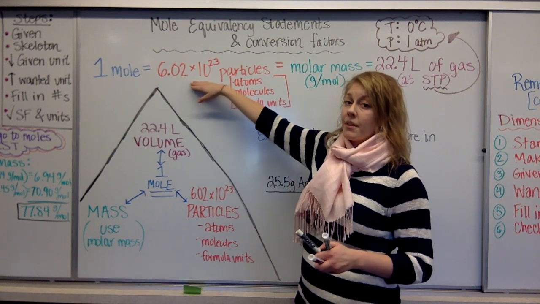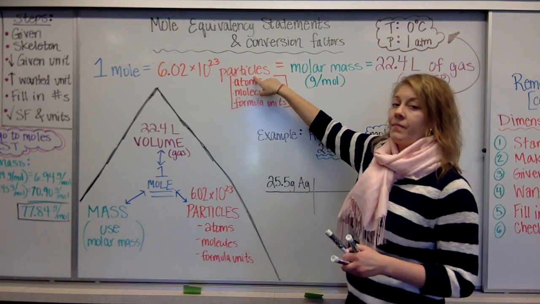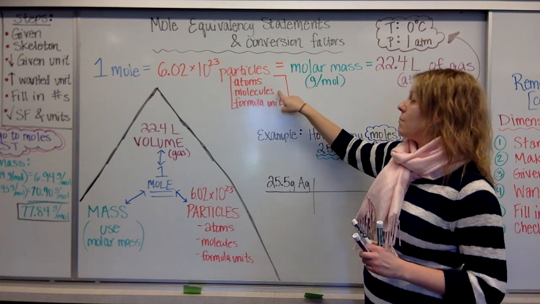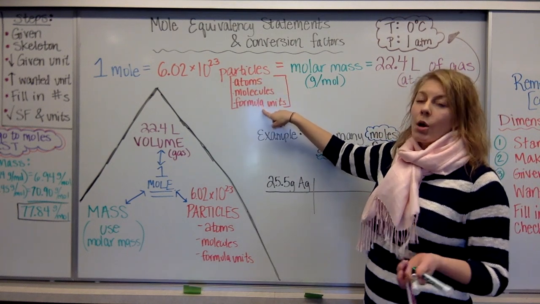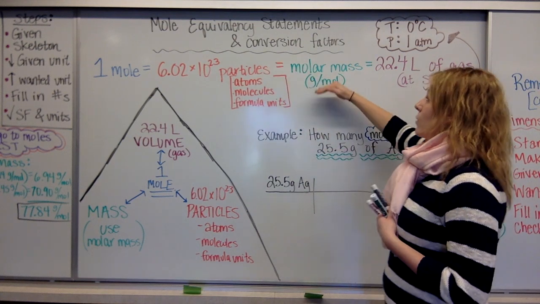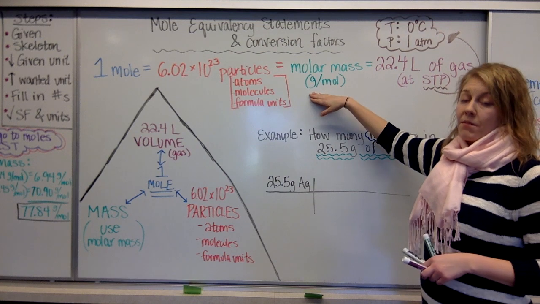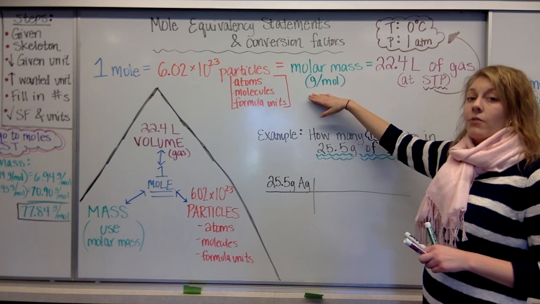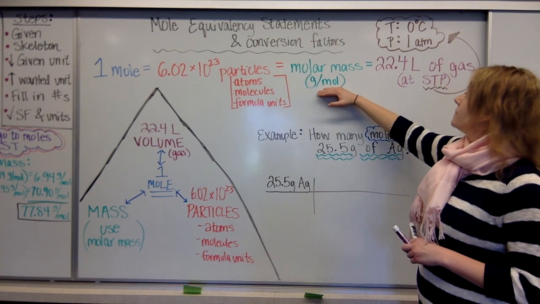Remember, this is Avogadro's number in particles. And those particles can either be atoms, molecules, formula units, or a couple others that we'll see eventually. This is also equal to the molar mass in grams per mole, right? We saw this last video, our molar mass in grams per mole.